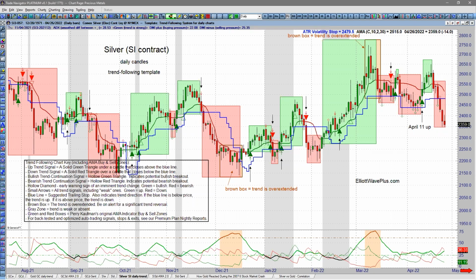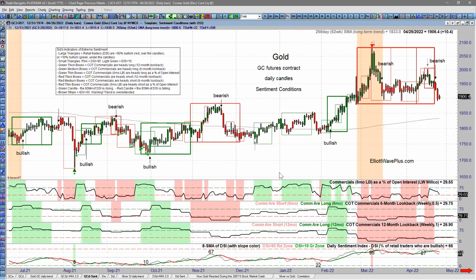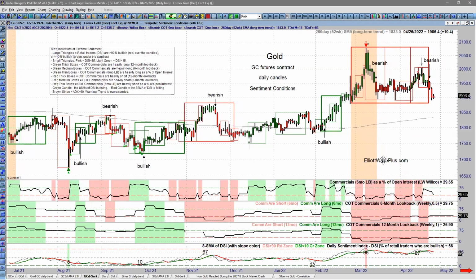So we'll go to gold. I just think this is an amazing chart, because using the exact system that I just showed you, when you get all the greens lined up, that's bullish.